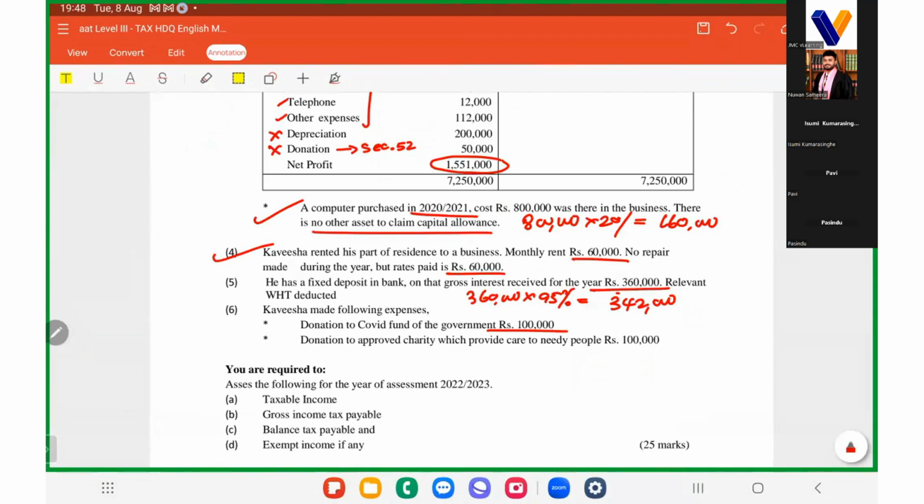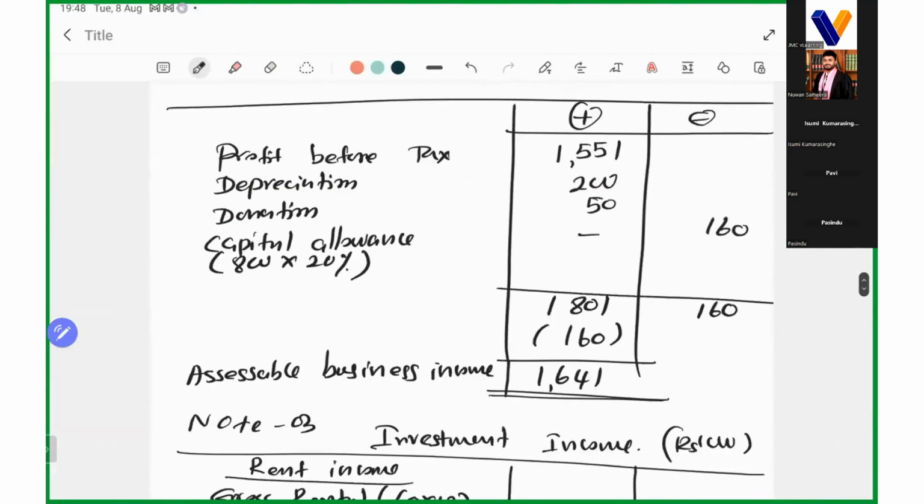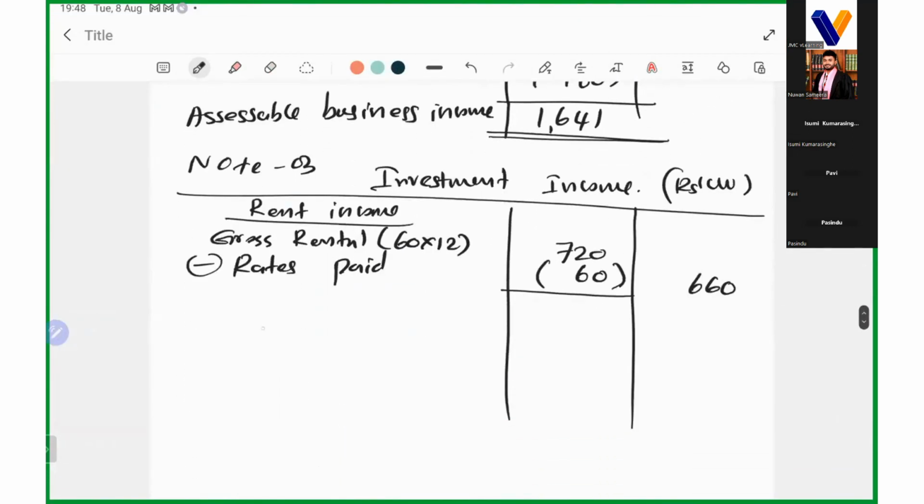Interest, gross interest 360 received, right? So there is no need to convert it, because they have directly given it as gross interest. If they give the net interest, you have to divide by 95 and multiply by 100 in order to convert net interest into gross interest. Now no need to do this adjustment, because they have directly given 360 as the gross interest.